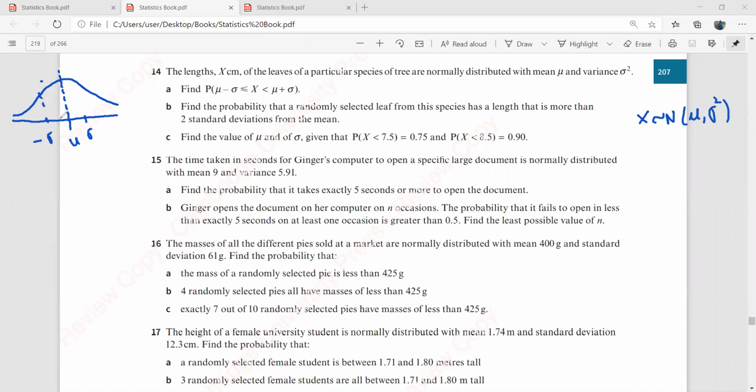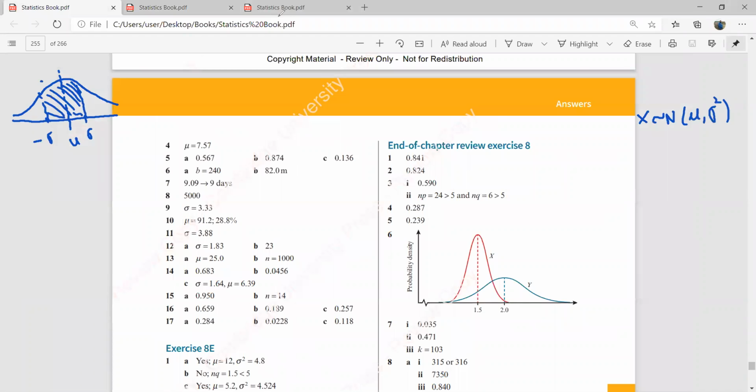So this is the area over here. This has to be about two-thirds. If you look at the answer here, this is approximately two-thirds, because 2/3 is 0.67.